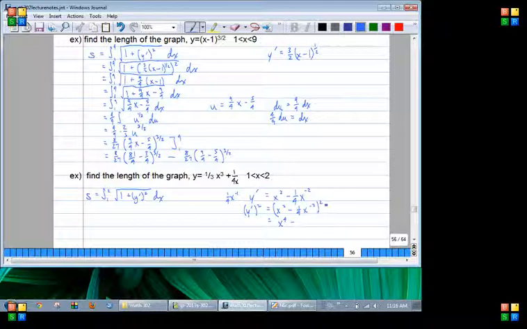Yeah. So the easiest way to do this is to remember that a plus b squared, or in this case a minus b squared, is a squared minus 2ab plus b squared. So I'm going to use that mental shortcut to write down what this is when you square it. Now, if you don't know that shortcut, you should just FOIL it. But I'm going to use that algebra shortcut.